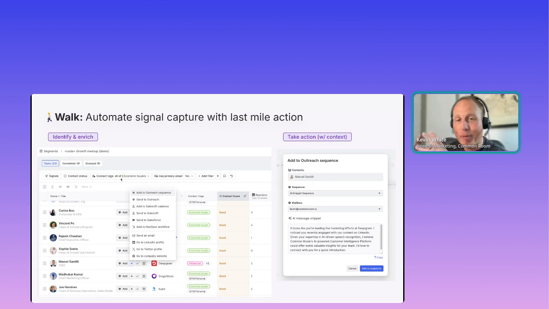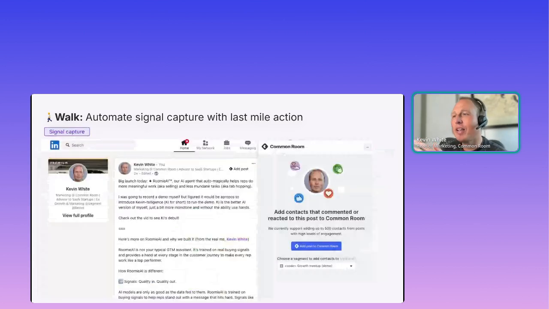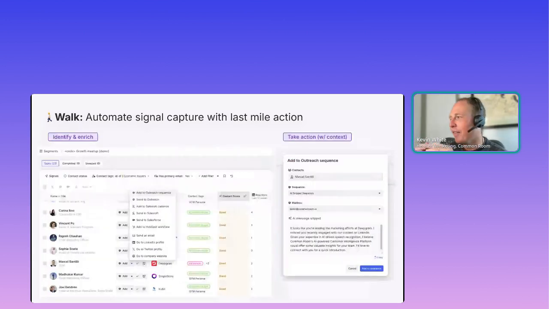So these are all economic buyers who have done this signal, who've reacted to one of my posts. We define economic buyers by director level and above title, and also some other title filters, like they're in a go-to-market role or something like that. And then the last part here, I combined everything under this one slide: take action with context.